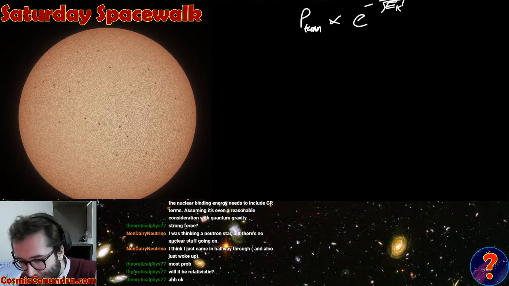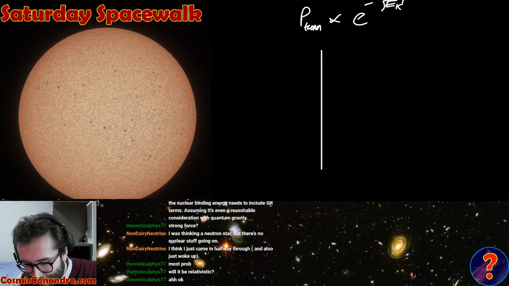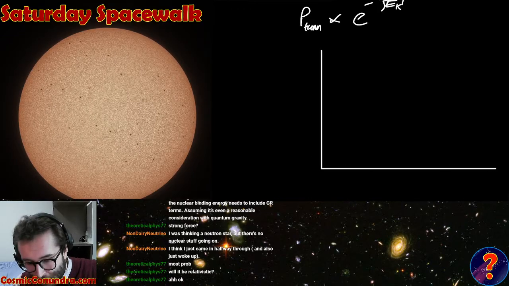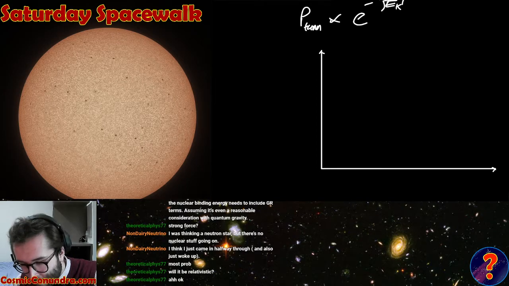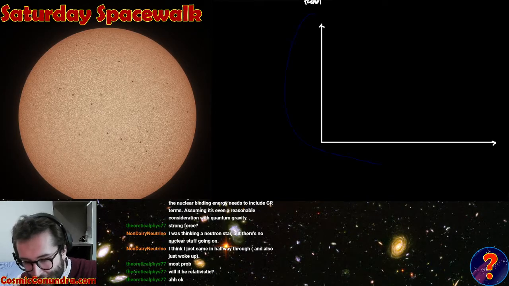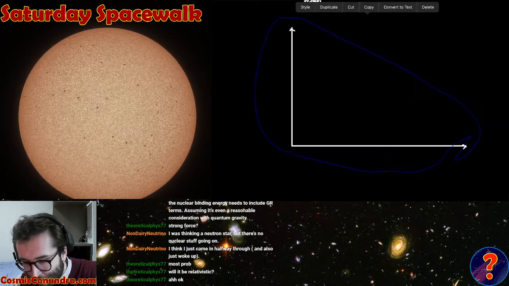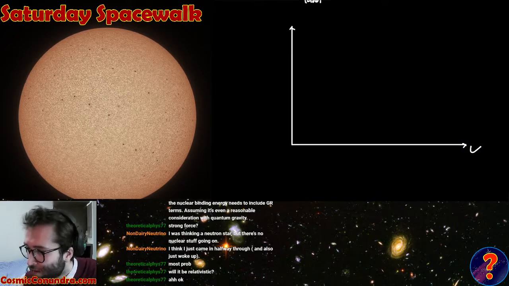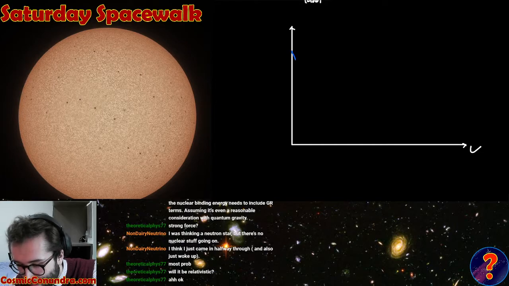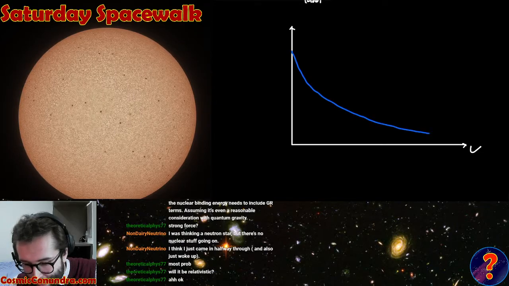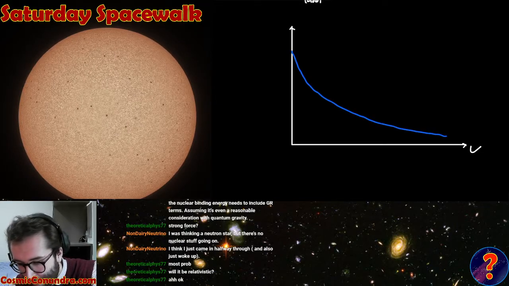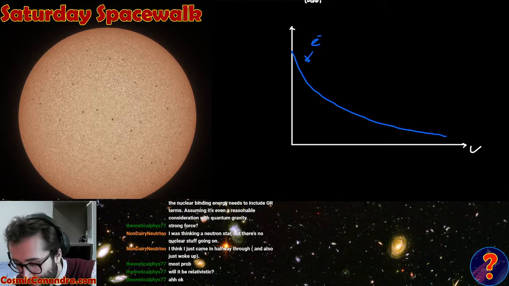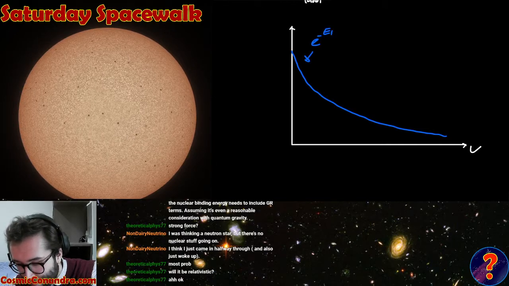And then if we want to plot the Maxwell-Boltzmann distribution we just had, but now plotted against kinetic energy, it's like e to the minus E_K, over kT.